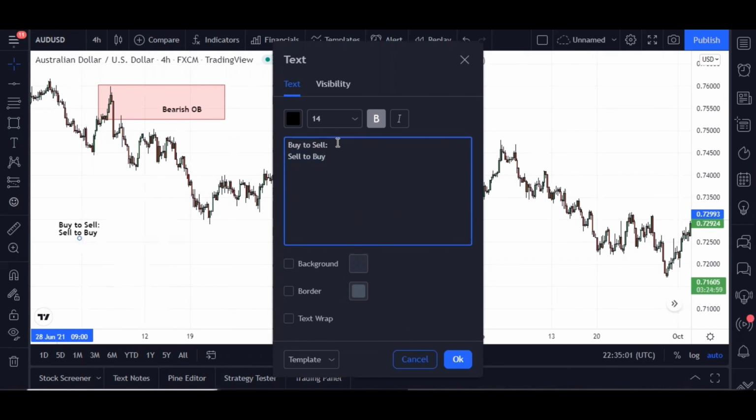Well, we're saying that buy orders are placed to create liquidity in the market before institutions reprice in the opposite direction.